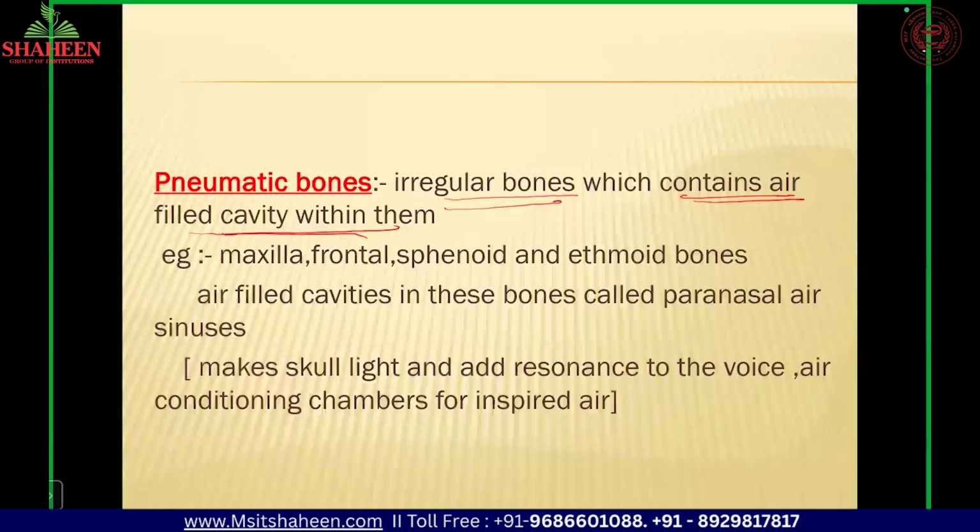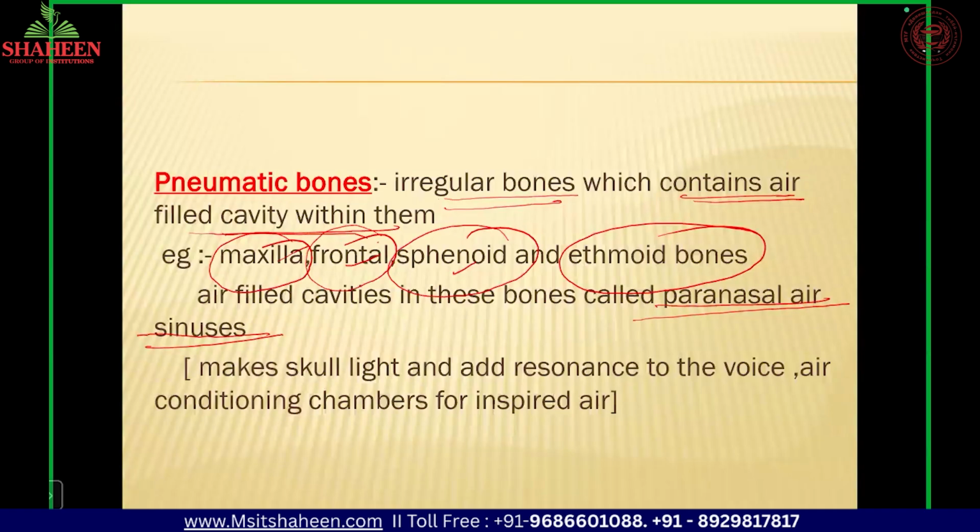The maxilla, frontal, sphenoid and ethmoid bones all have air-filled cavities inside the bone, so they are known as pneumatic bones. These air-filled cavities are known as the paranasal sinuses. We said that, right? What is meant by sinusitis and all? The last class wasn't recorded.